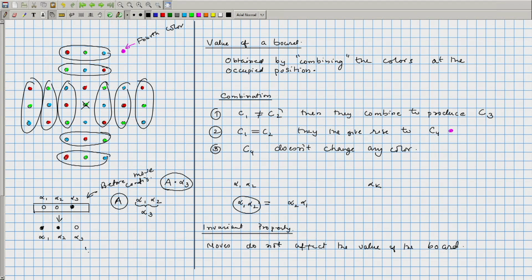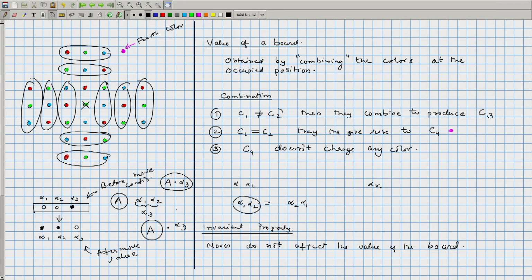So the value after the move is going to be again A, because those were the positions other than alpha 1, alpha 2 and alpha 3, and their value we denote by A, followed by the only occupied position, that is alpha 3. So if you combine these, whatever value you get, that is going to be the value of the board.